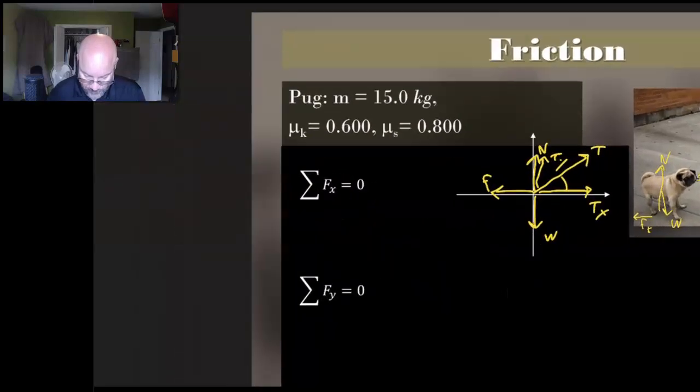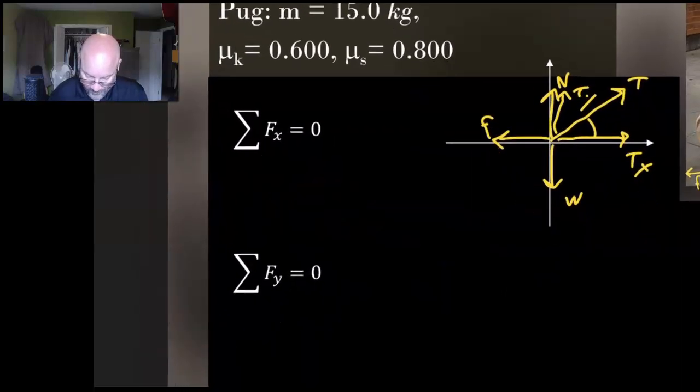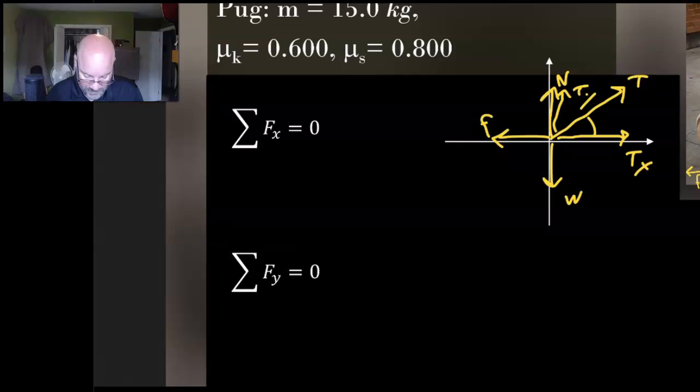Let's move, then, to begin step 3. We got to put all these pieces together. So if we look horizontally, I've got my friction to the left, and I've got Tx to the right. And let's move to the vertical information.